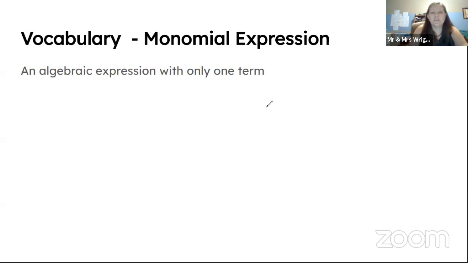So a monomial expression is an expression with one term. That can be a term that is 2x, so it has both a coefficient and a variable, or it could even just be a single number, like the number 3. That can actually be considered a monomial expression. Most people wouldn't call it that, but it's a possibility. It's a correct classification.